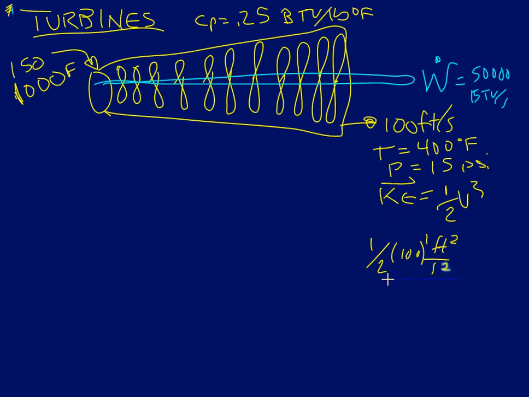And let's divide that by 32.2 to get it into new units: pound mass, feet per second squared per pound force.